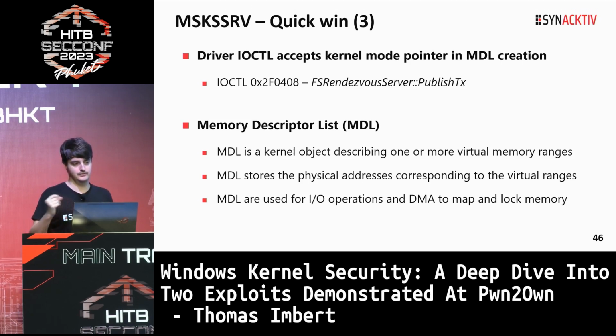So if you are trying to pass a large buffer to the kernel, there is a good chance that the kernel will create an MDL to lock the memory and then read from it or directly map it to kernel mode memory. This is used a lot in the kernel, and it's just a way to specify virtual memory ranges and to map and lock them.